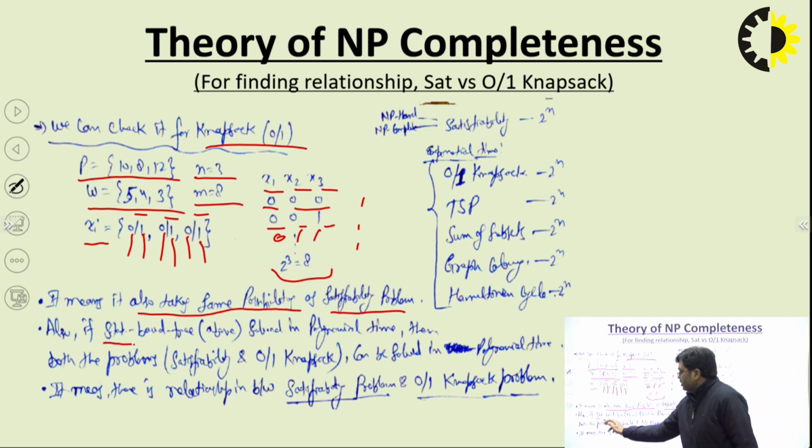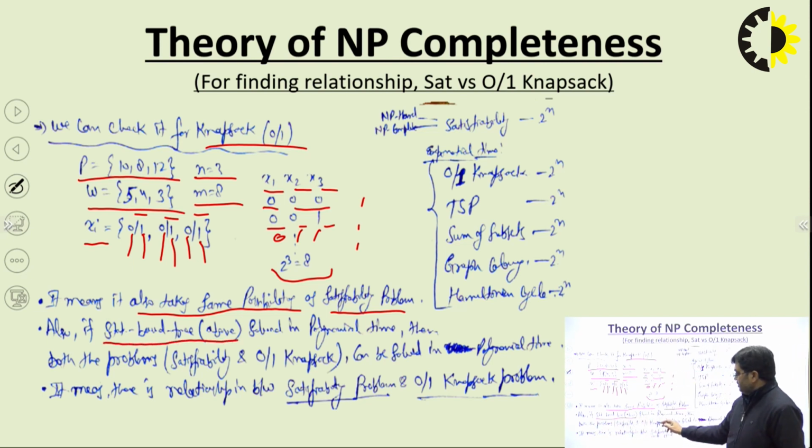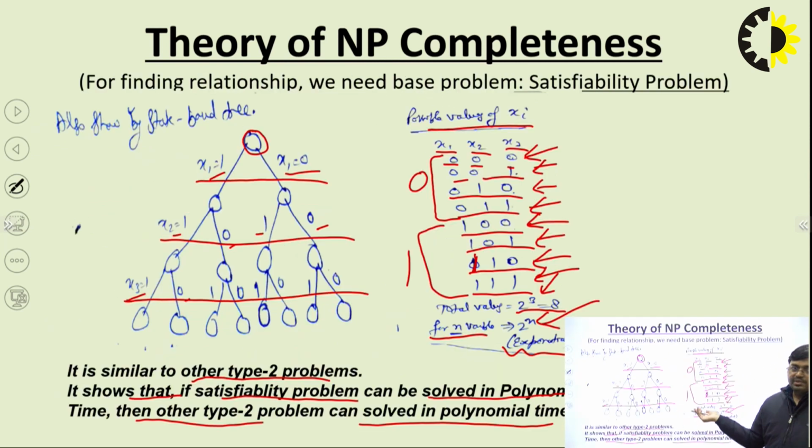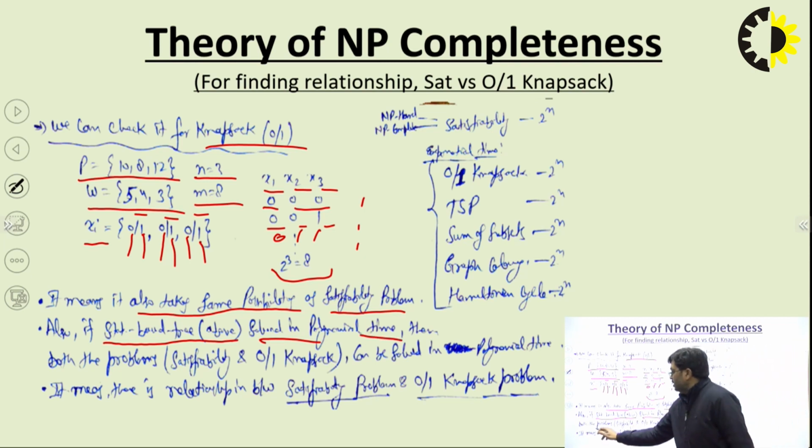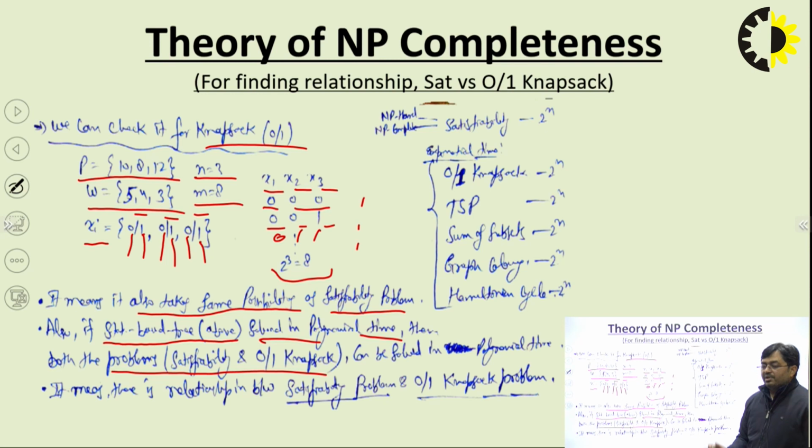If we design the state-based tree for this type of problem, it will be the same as for the satisfiability problem. And if that state-based tree can be solved in polynomial time, then both problems, satisfiability and 0, 1 knapsack, can be solved in polynomial time.